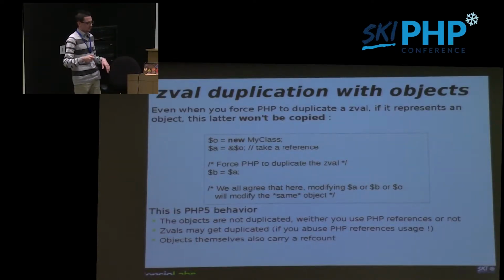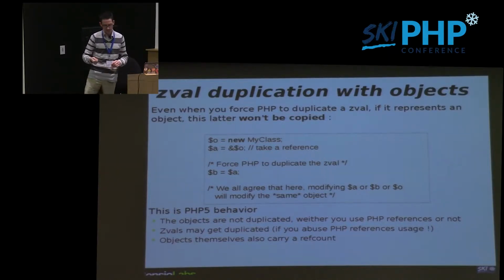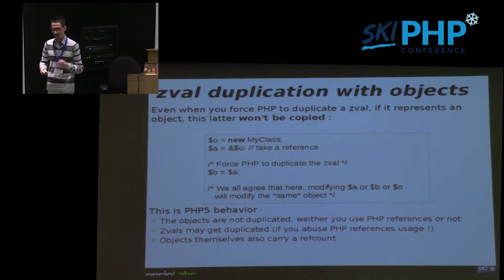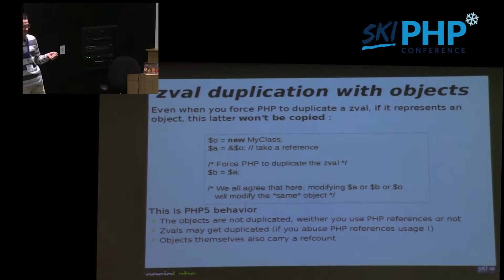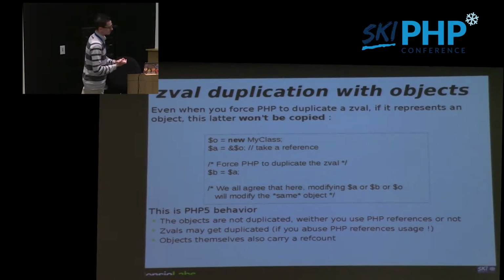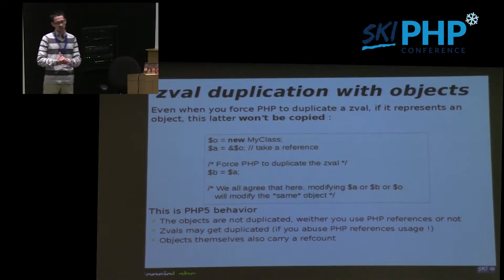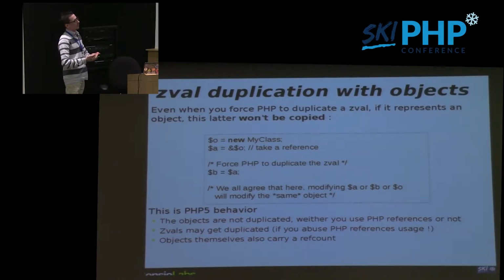So even if you force PHP to duplicate the zval by playing badly with references, what people usually do when they use references, the object won't be copied in memory. Okay, do not use references.